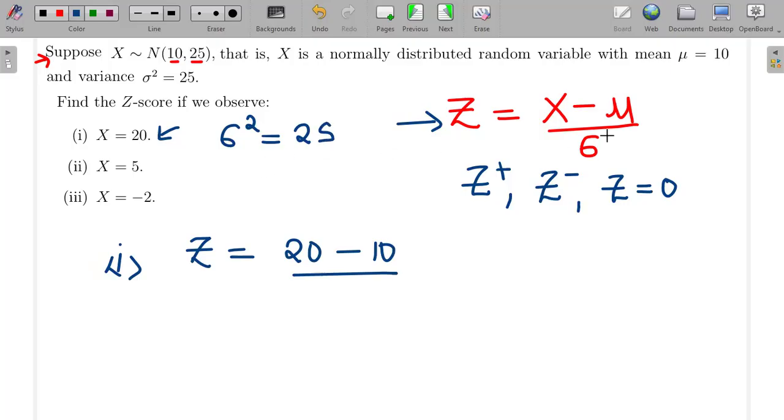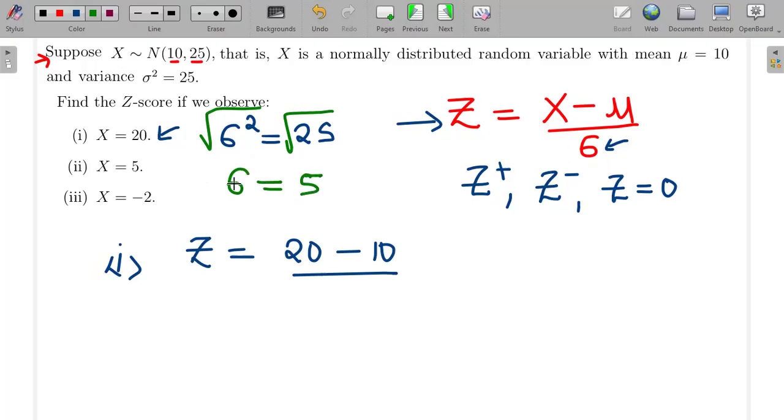Again, this is not a 6, it's sigma representing standard deviation, and when you square it, it represents variance. So to find the standard deviation, you take the square root of both sides.